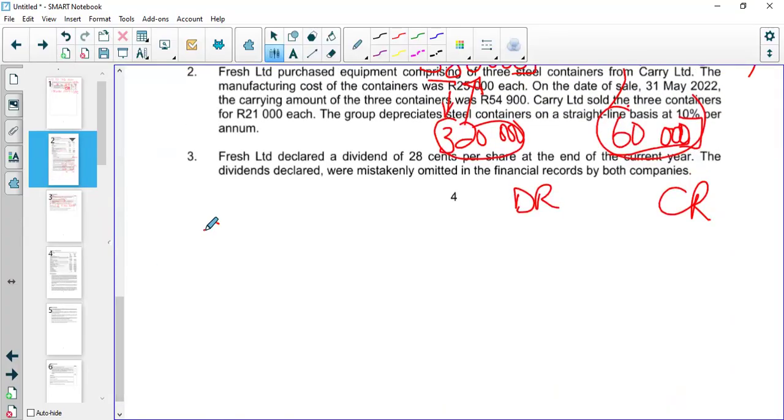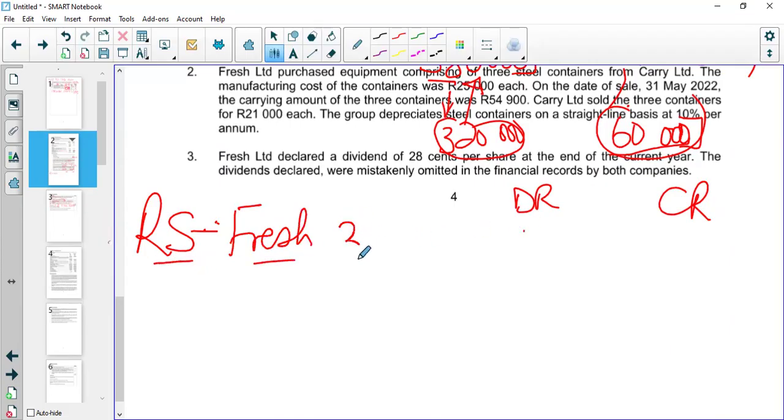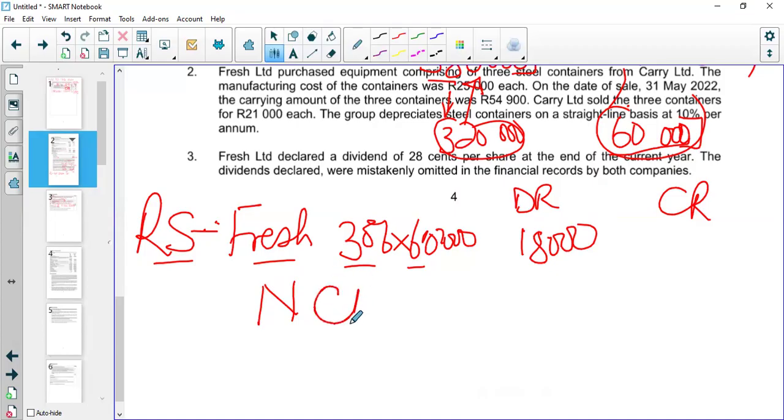It's a revaluation surplus recorded in the subsidiary. We must take 30% of 60,000, and that's 3 times 6, which is 18,000. And we must give this to the NCI. So the NCI value is increased by 18,000 as a result of this.